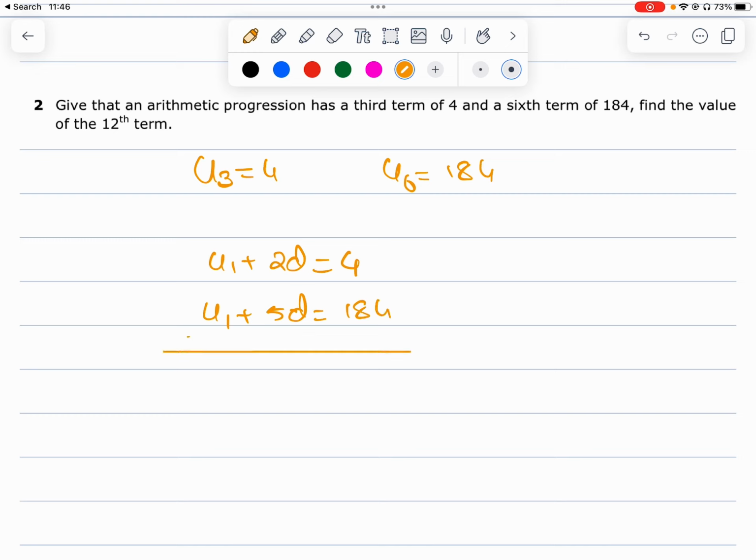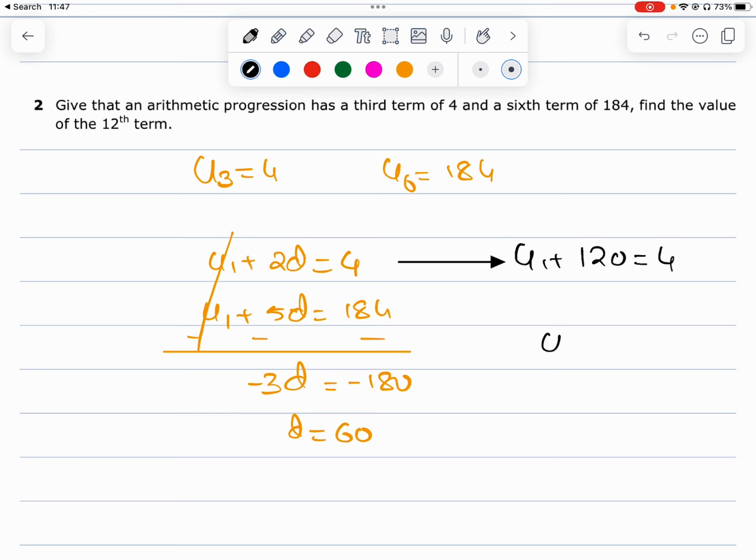Subtract both. Minus, minus, minus, negative 3d equals negative 180. So d equals 60. Plug in d equals 60. u1 plus 120 equals 4. So u1 equals negative 116.